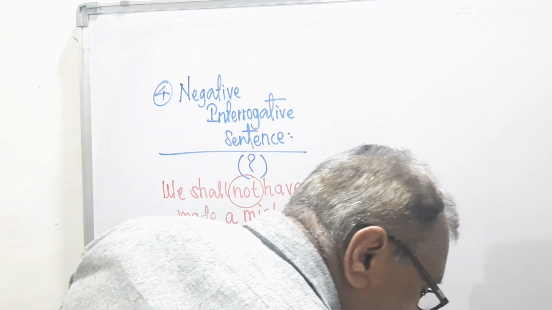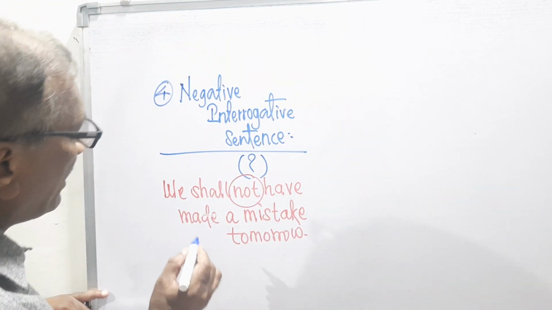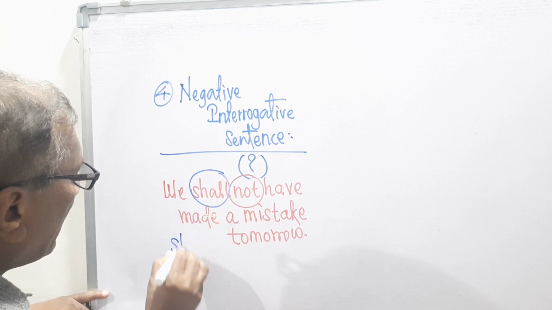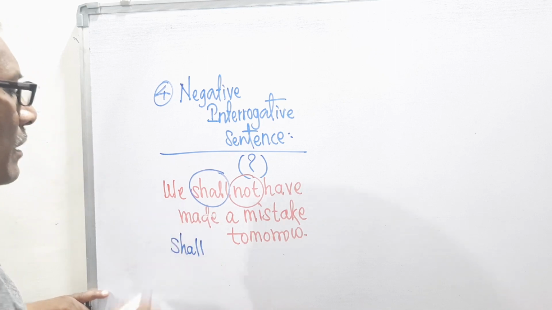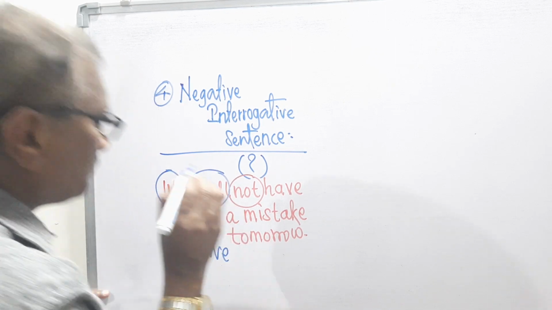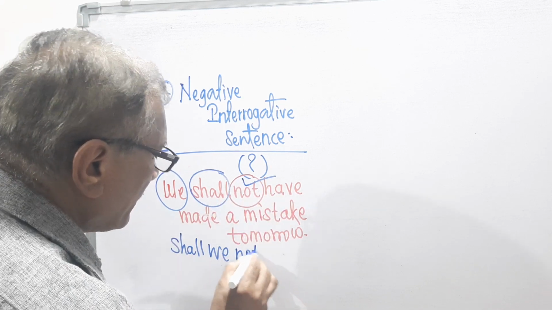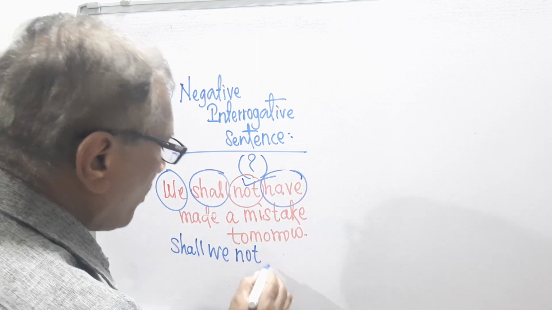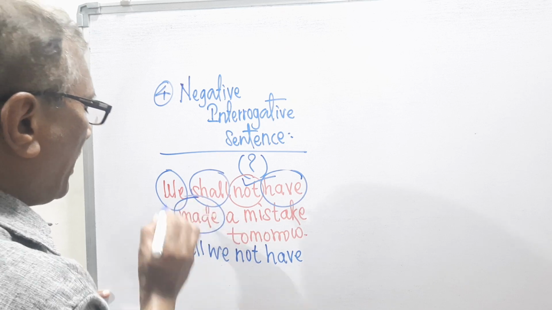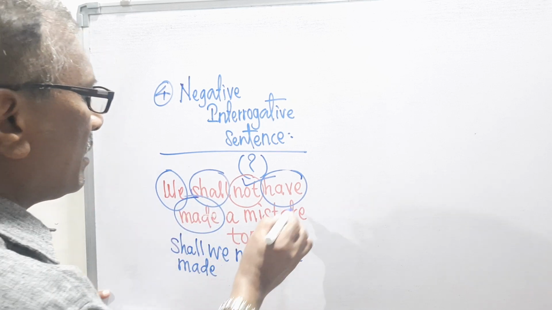Now we will make its question. When we are making the question, we should write shall. So I wrote here shall. Then write here the subject. Then write here not. Then write here have. Then write here PP. Then write here the object.